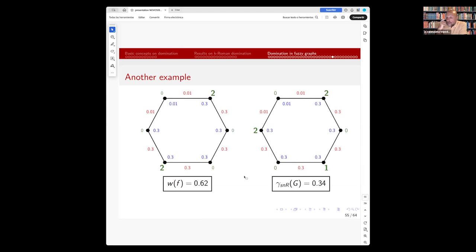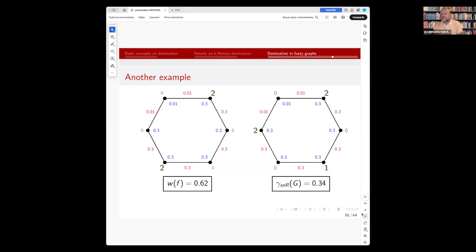So what I would like to say in this case is that even using more labels, in this case we use 2, 2, and 1, in a fuzzy graph we can have a strong neighbor Roman dominating function with less weight than if you use a Roman dominating function with fewer labels.